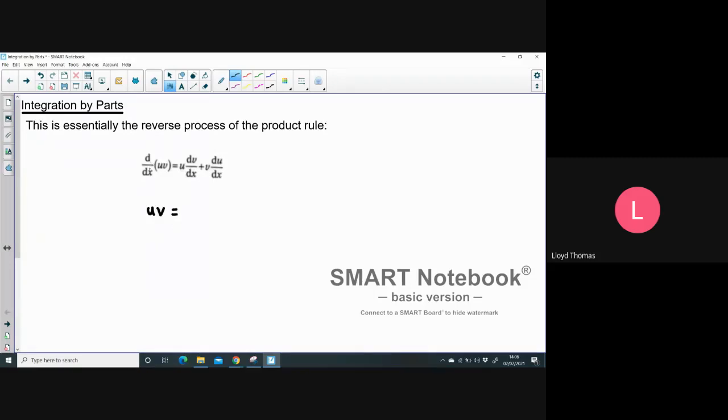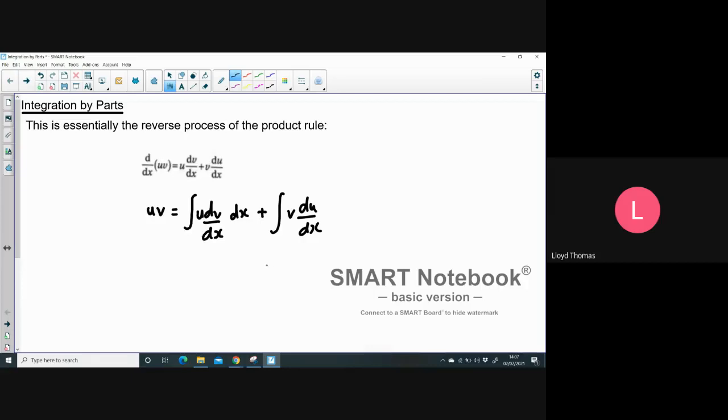Integrating is the reverse process of differentiating, so you end up back with what you started with. But on the right-hand side, I have two terms which I need to integrate: the integral of u dv by dx plus the integral of v du by dx.